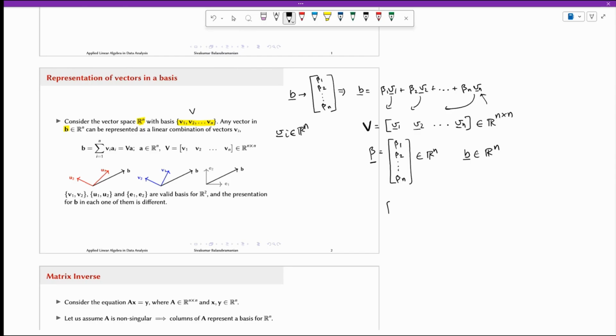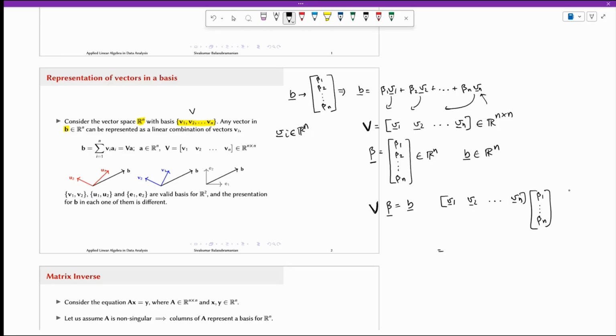That means I can write b as matrix V, with columns V1, V2, to Vn, multiplied by the column vector beta 1 to beta n.